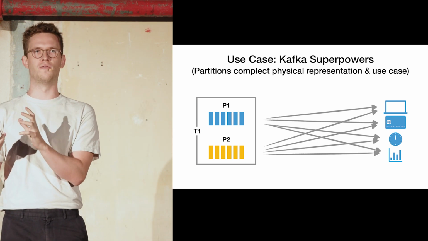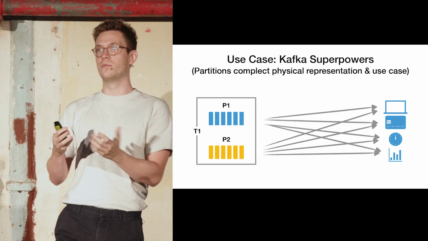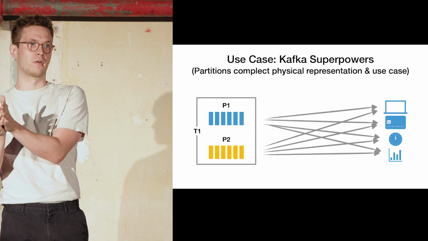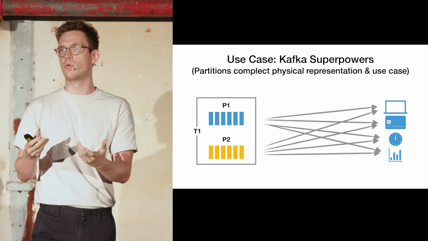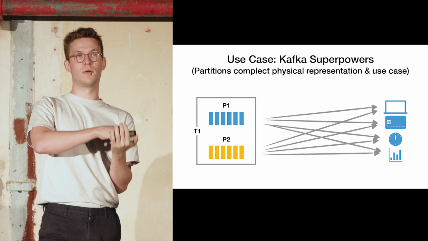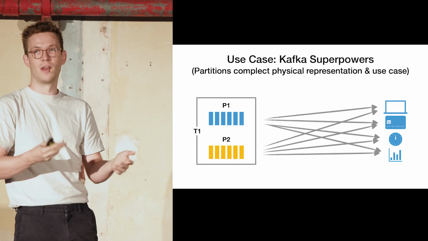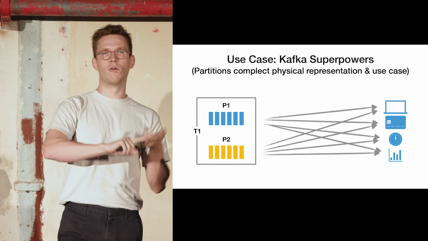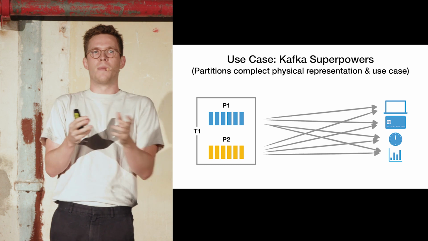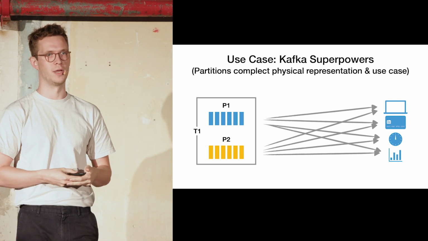It gives you kind of database superpowers, since in a database, the way you interact with the database, writing queries, is completely decoupled from the way data is physically represented in the system. So, for example, in a relational database, you're using tables and rows and columns and tuples, but this is disconnected and decoupled from the way you interact with the database.